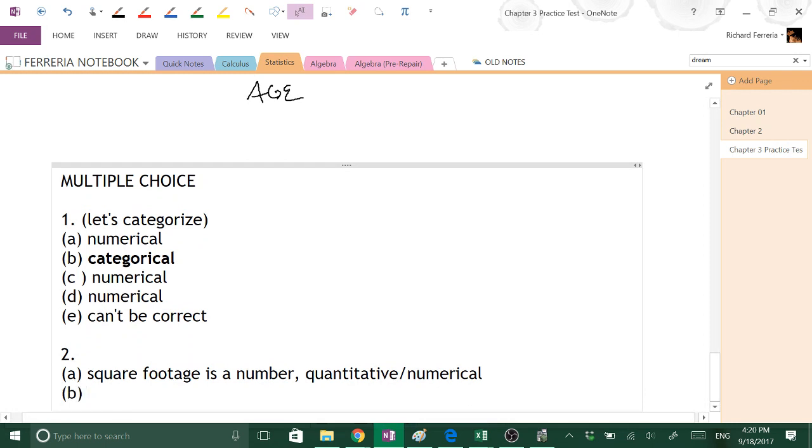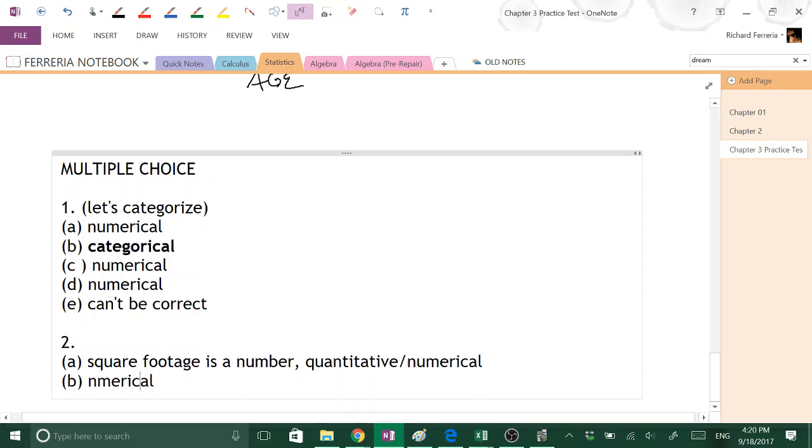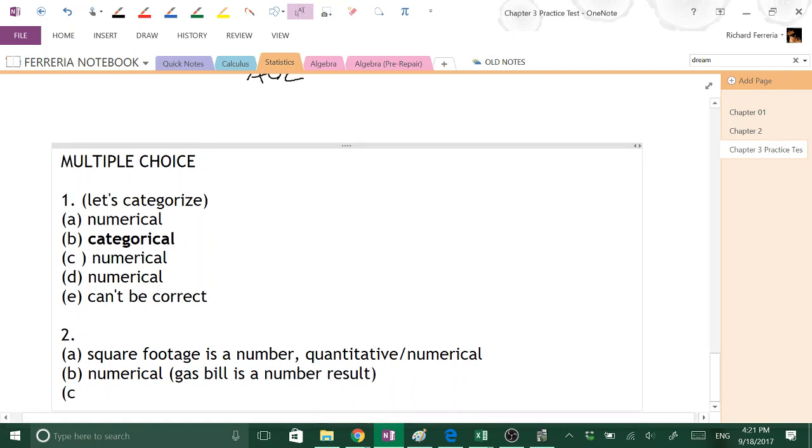B is a monthly gas bill. Gas bill is a number, right? Yes. This is also numerical. C is also numerical.